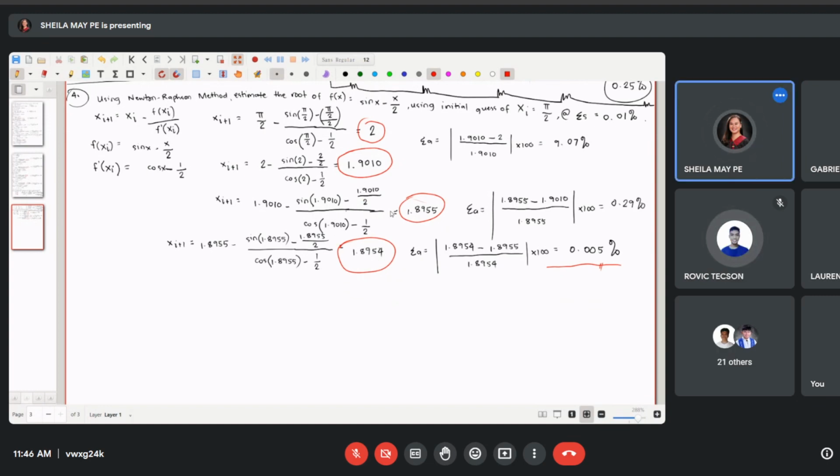Okay. Now for our last, since we're running short on time, let's just make it quick. For the second, didn't I give you an example for the second, that's 3x plus sine x minus e raised to the power of x? Didn't I? If I'm right.